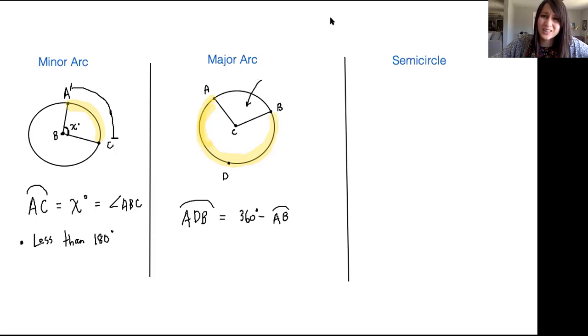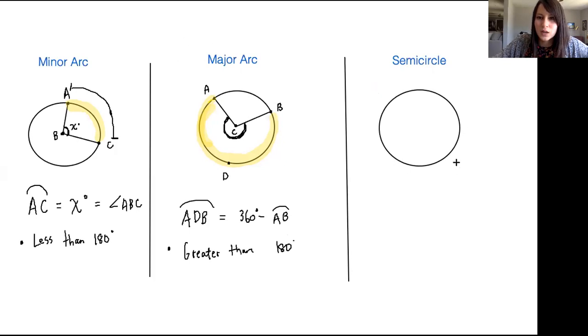And so there's not really a good angle name for it, but really this is that degree. That's the degree that we're looking at. And a major arc is greater than 180 degrees.